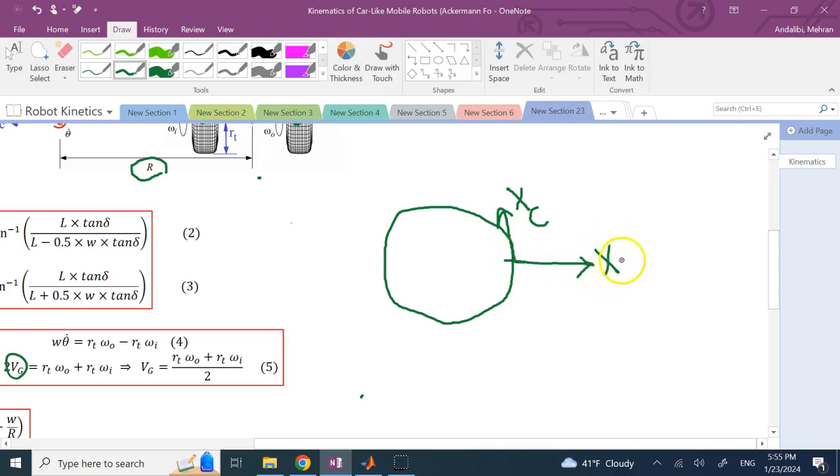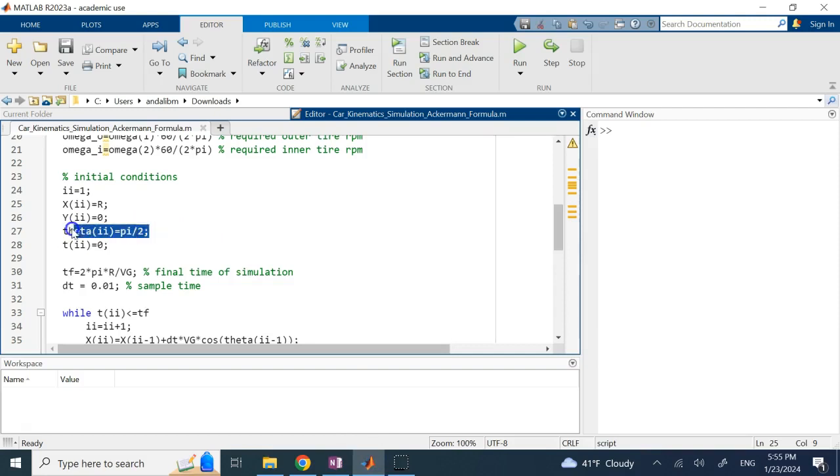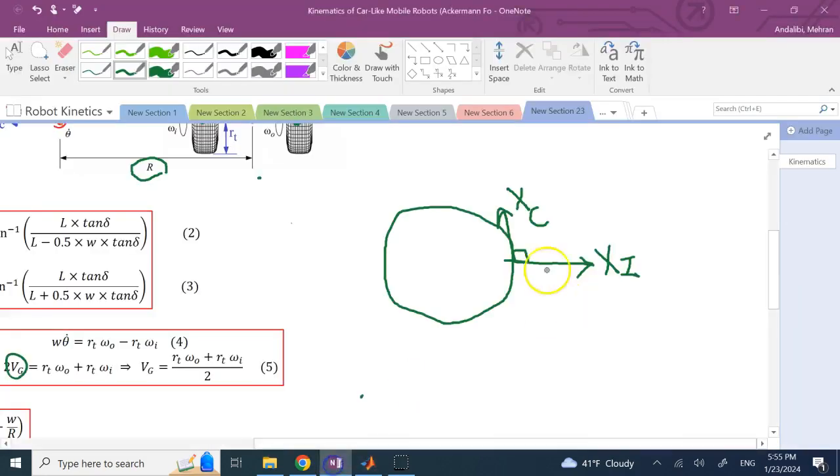So your initial angle here is 90 degrees. That's your initial theta, which I have in the code. My initial x is R, my initial y is 0. So the center of xi is at the center of the circle, and this is yi.